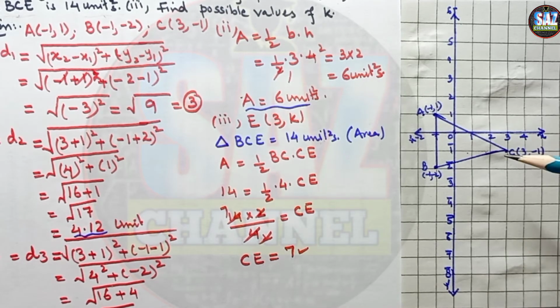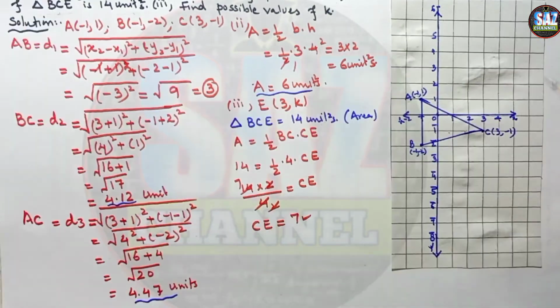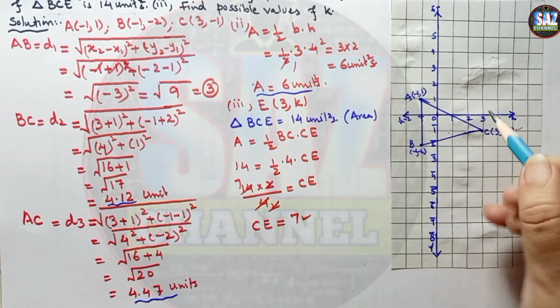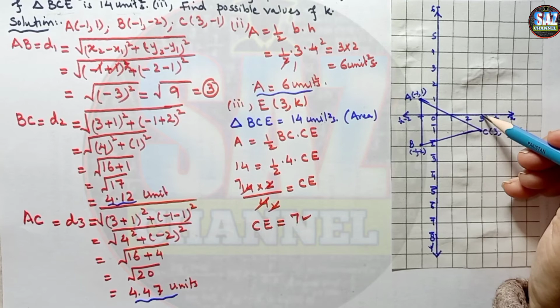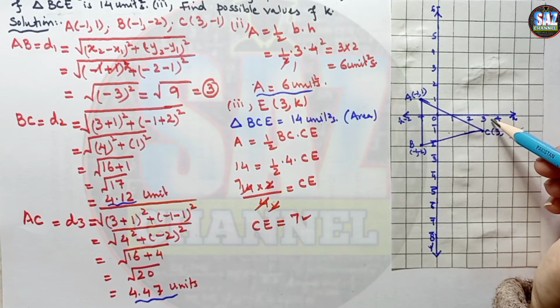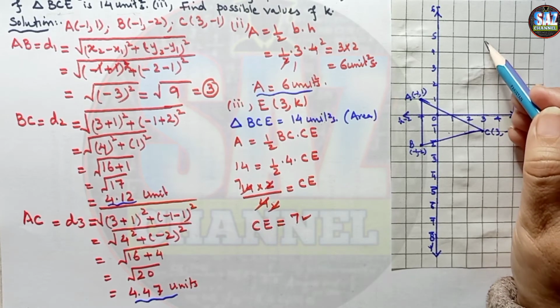Now look, there is the possibility that E is on the above side of C, or E is below C, but the distance between C and E must be 7 units. At this stage we have a 1 unit gap from the x-axis. Now how many blocks upward do we have to move so that the distance between C and E will be 7 units? That is 1, 2, 3, 4, 5 and 6.